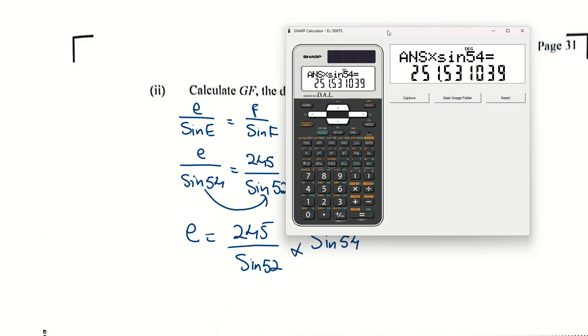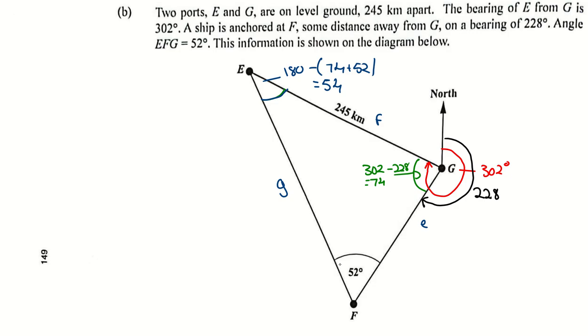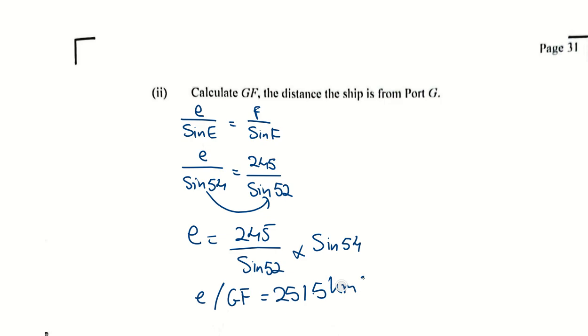You press equal, and side E, or EG, will be 251.5. Is it in kilometers? Yes, kilometers to 1 decimal place. And that is how you would do this question right here.